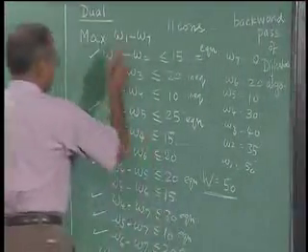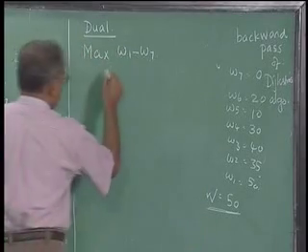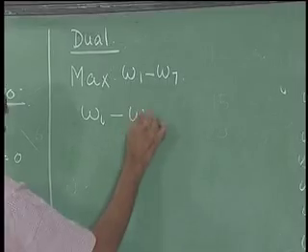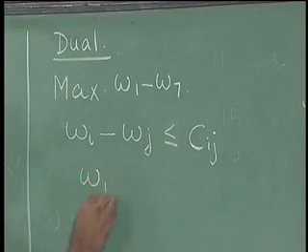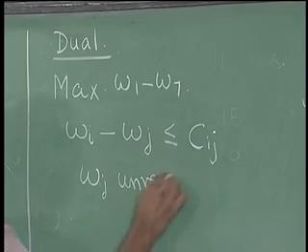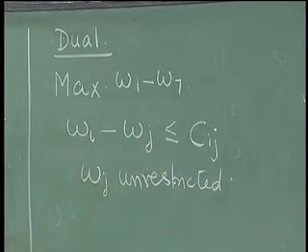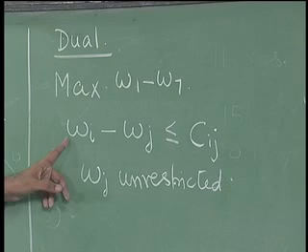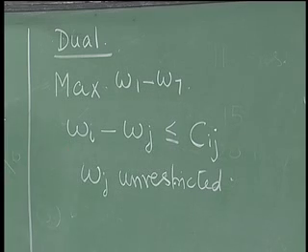So, the dual was maximize W1 minus W7 subject to Wi minus Wj less than or equal to Cij, and then we said Wj unrestricted. What we had written here are the 11 constraints corresponding to the 11 arcs which satisfy Wi minus Wj less than or equal to Cij. Now, we can do one more thing.